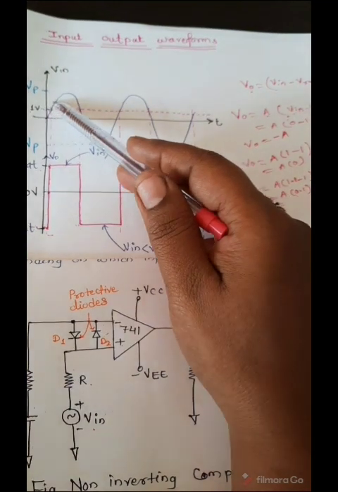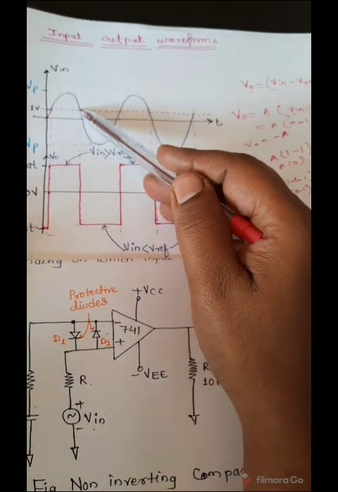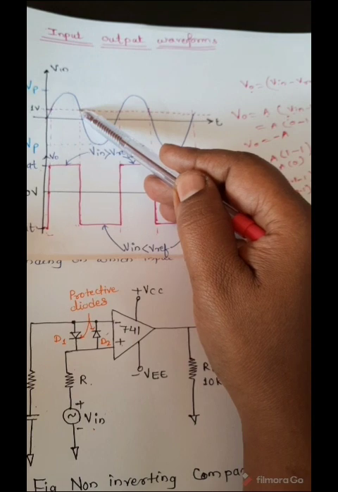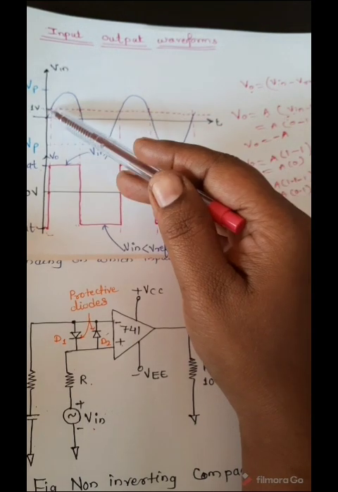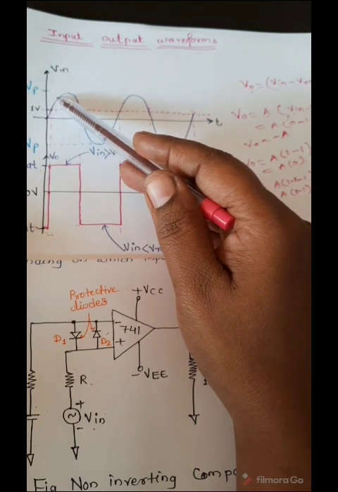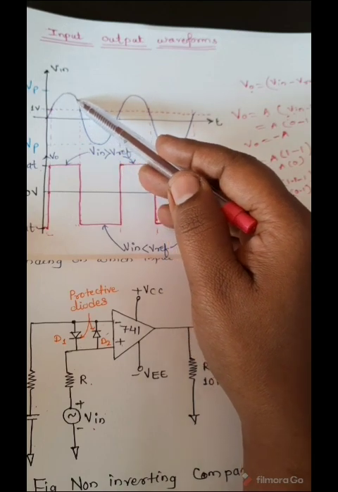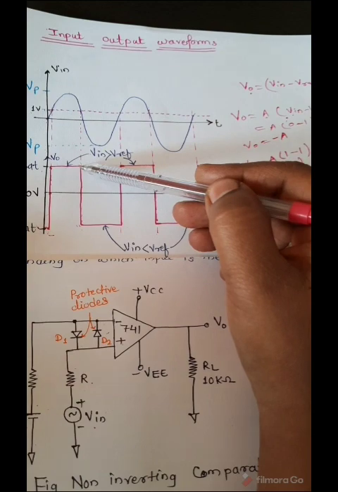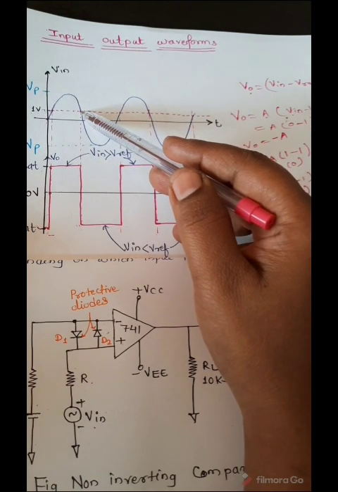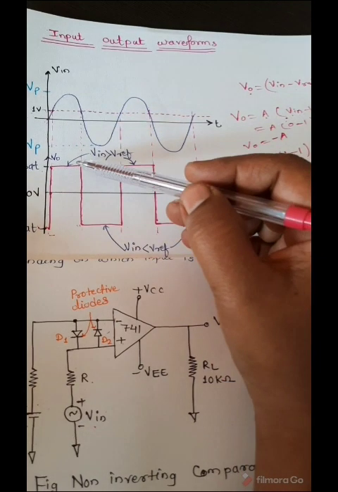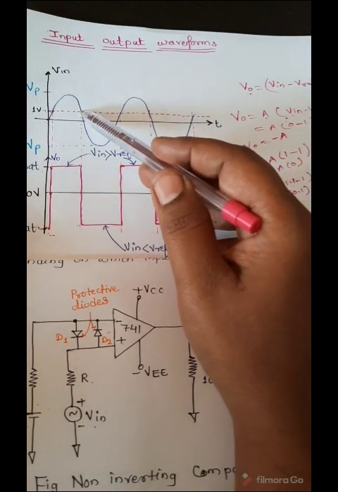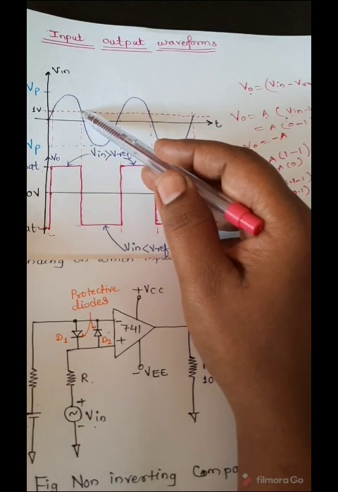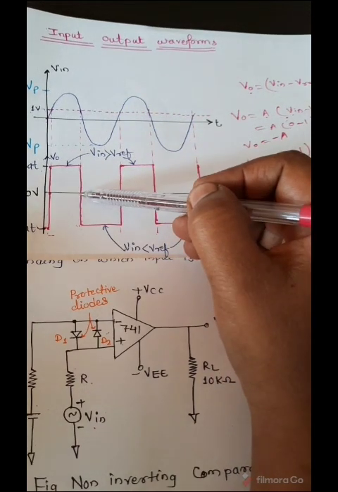For this entire portion of the input signal, Vin is greater than the reference voltage, so the output remains in positive saturation. Once the input falls below the reference voltage, at the point where both have the same value, 1 minus 1, the output switches to 0.